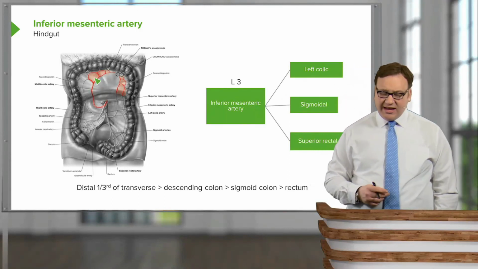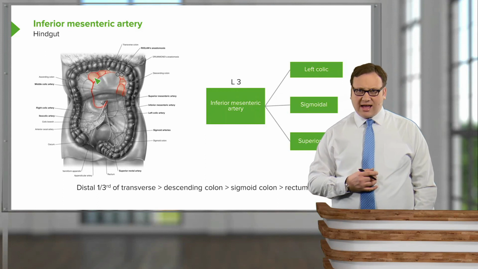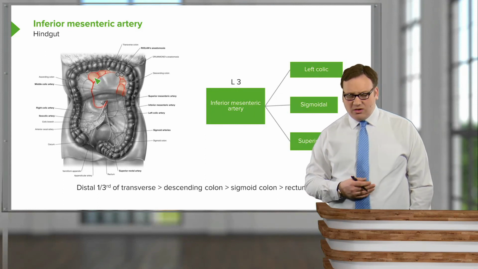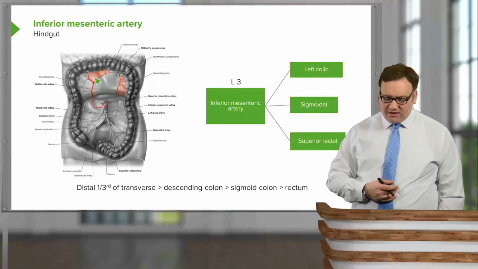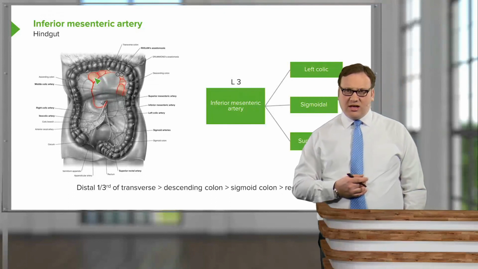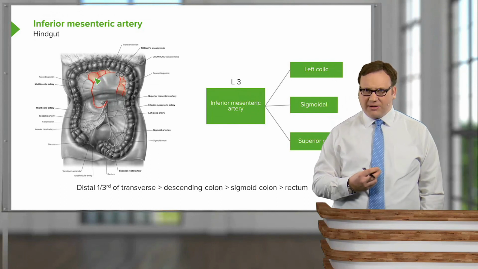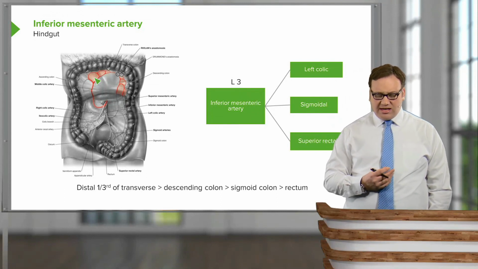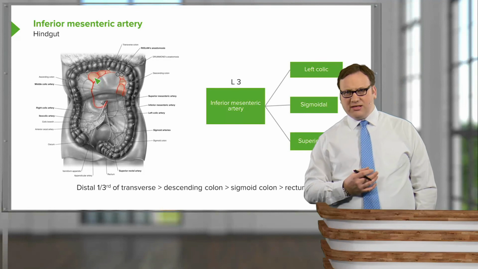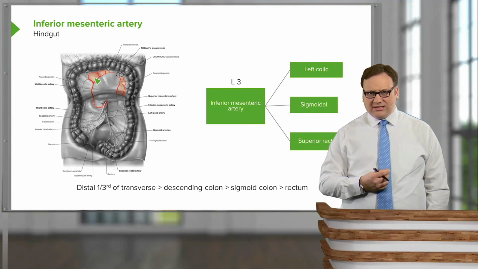Just before the bifurcation of the aorta into the common iliacs, just superior to that, you have L3, where the inferior mesenteric artery arises. And at this location, it's quite common for atherosclerotic plaques to occur. This can actually occlude the opening of the inferior mesenteric artery. The wall can be dissected.